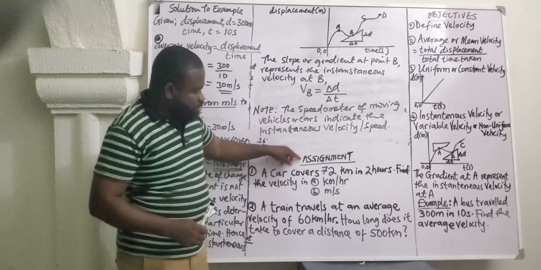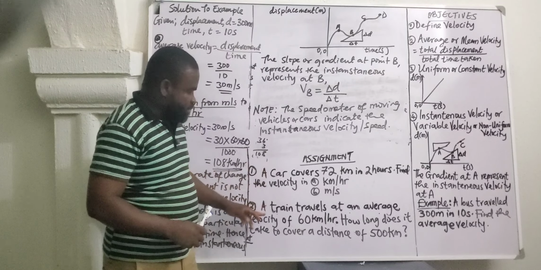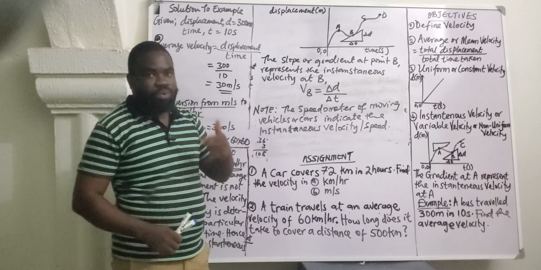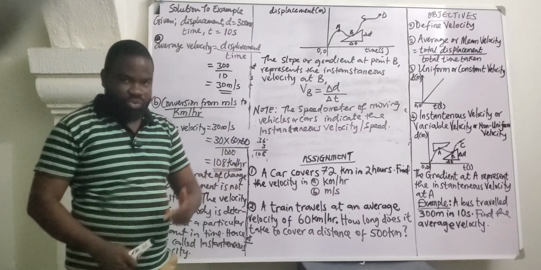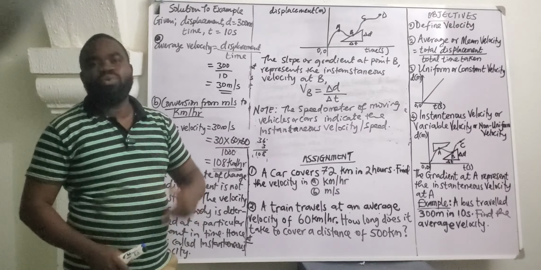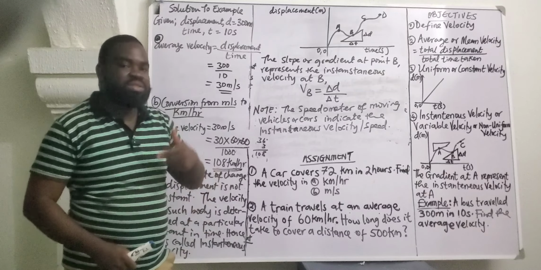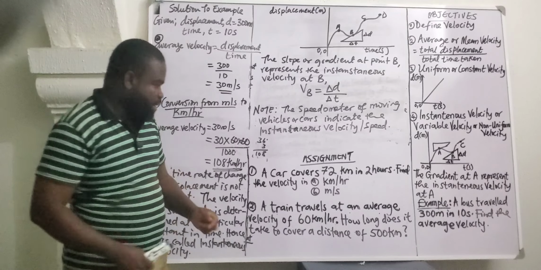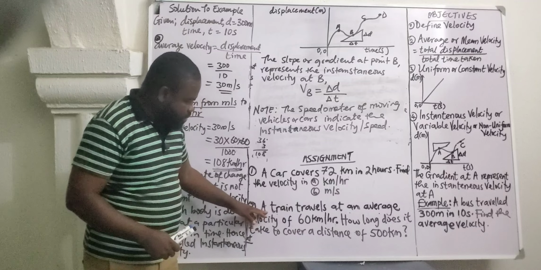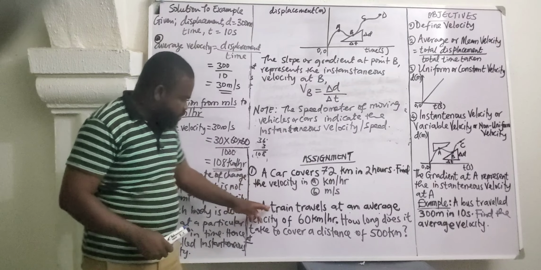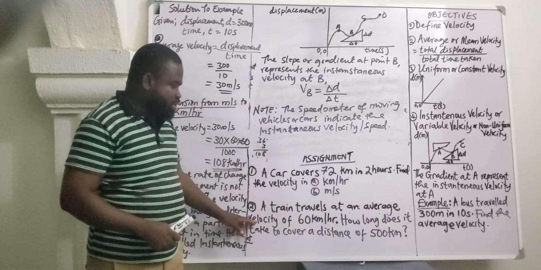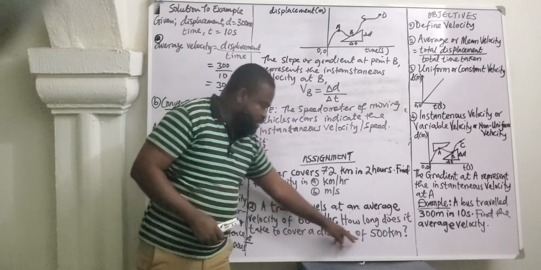Please do this assignment 1 and 2. I always say, once an equation has been given to you, you can be asked to look for any quantity. You make that quantity the subject of the formula. So if you check this second question here, they gave us the average velocity and gave us the distance.